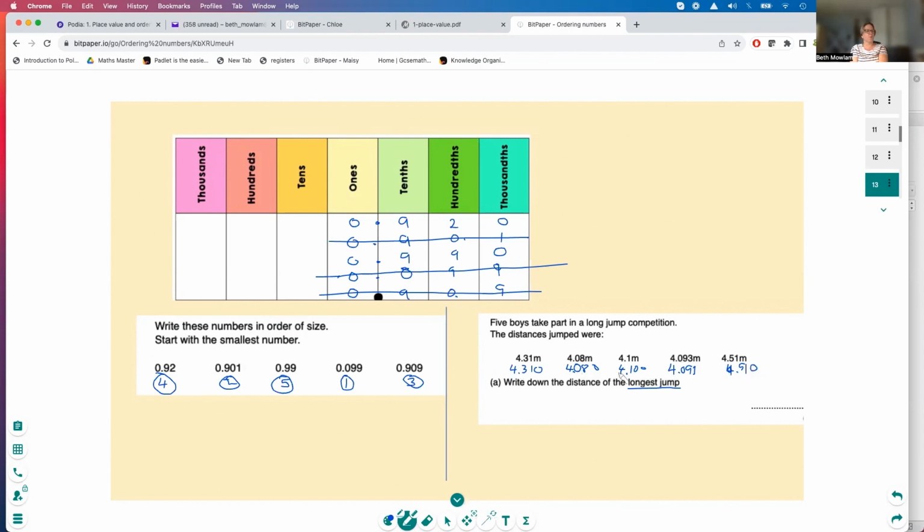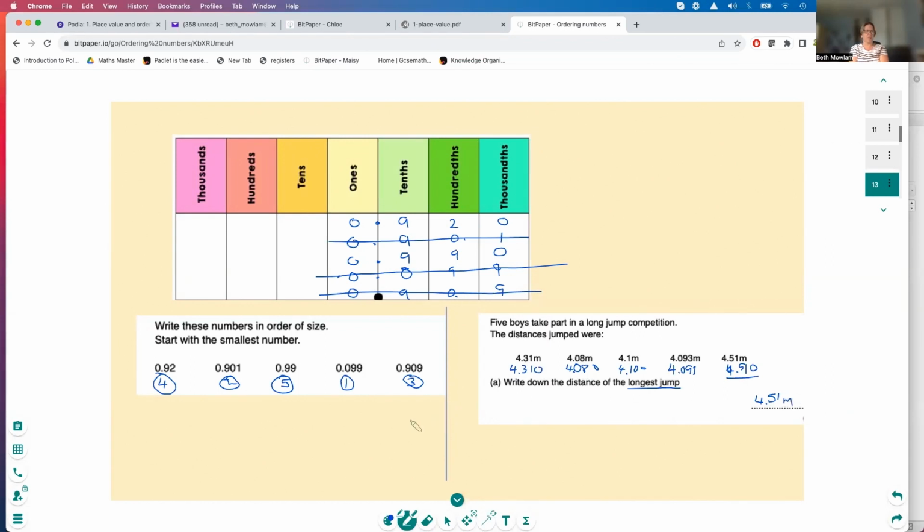So they're all 4 points, so I can ignore the 4 point and look at the numbers after it. I've got 310, 80, 100, 93, and 510. Well, the biggest one is going to be that last one, 510. So 4.51 meters would be the longest jump.